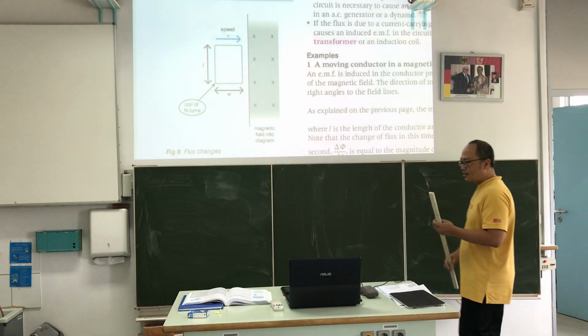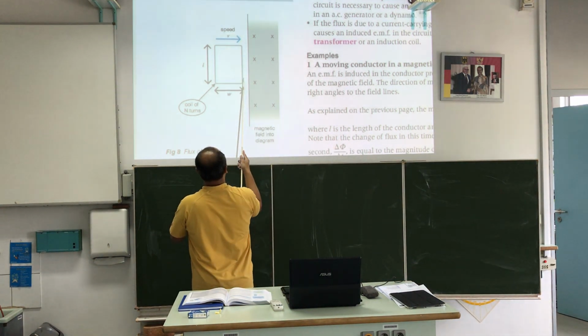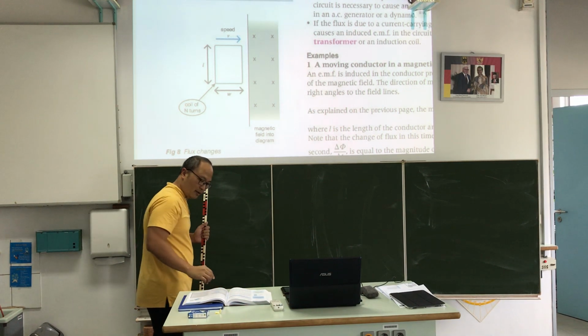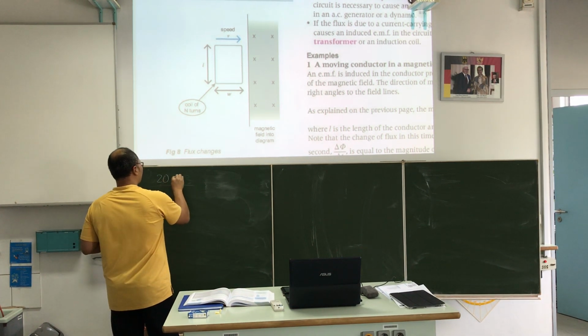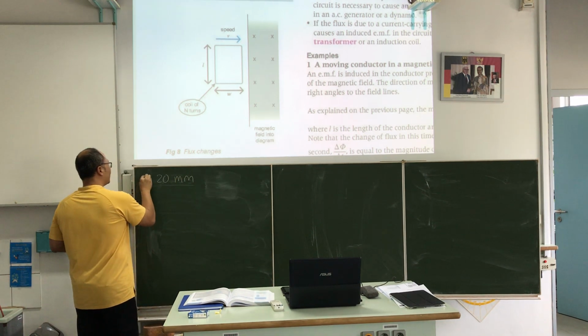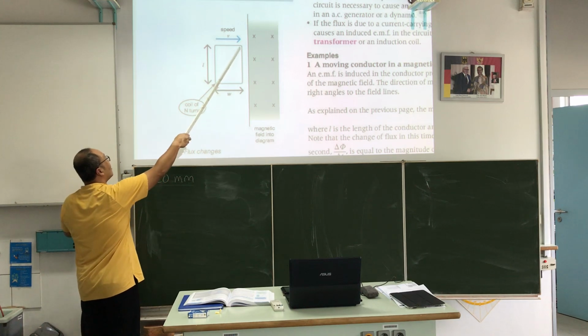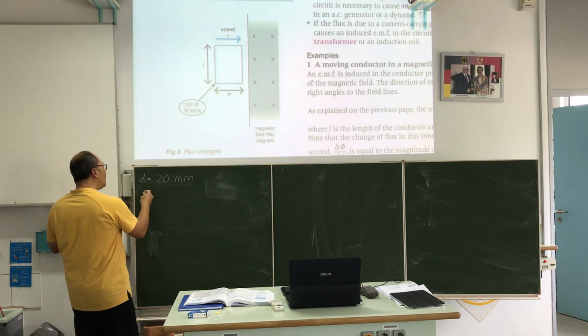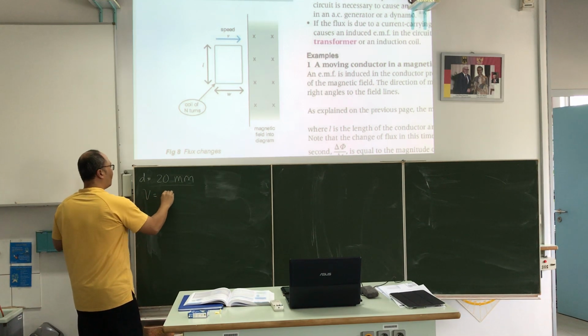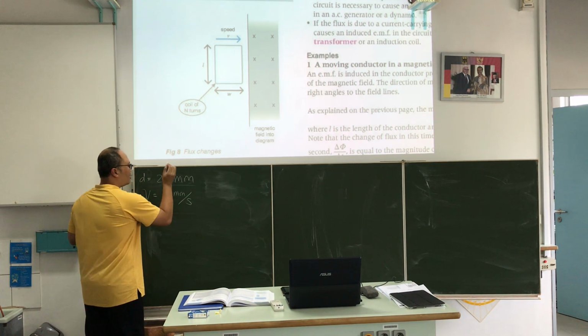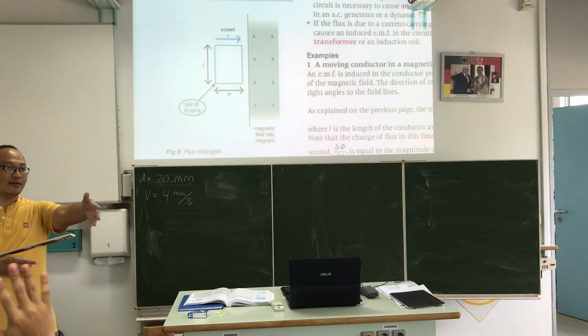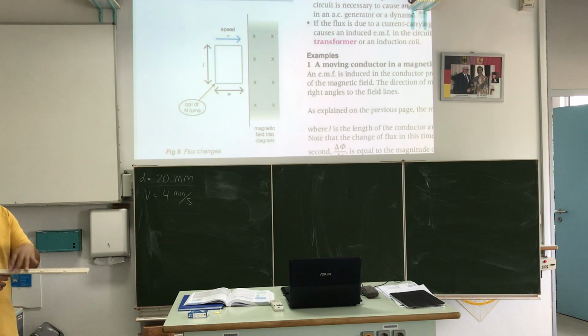I say again, the distance between this side of the coil and the magnetic field is 20 millimeter, and the coil has constant speed. 5 seconds. Yeah, it's not actually important for this example, but it's just to train your intuition on everything, including the speed. So this is the constant speed.